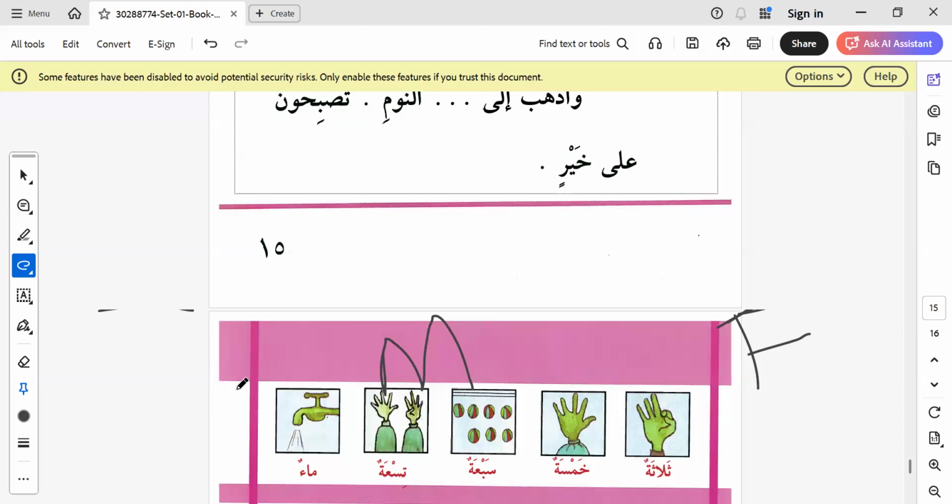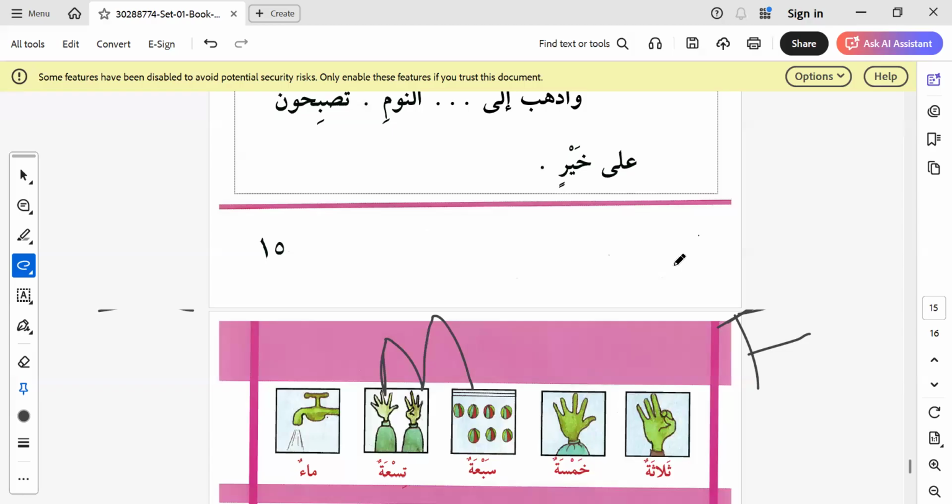Now, these principles are what we are going to apply. So we want to say 3 masculine students. Emphasis on the masculine. So now, what would be the gender of our number?